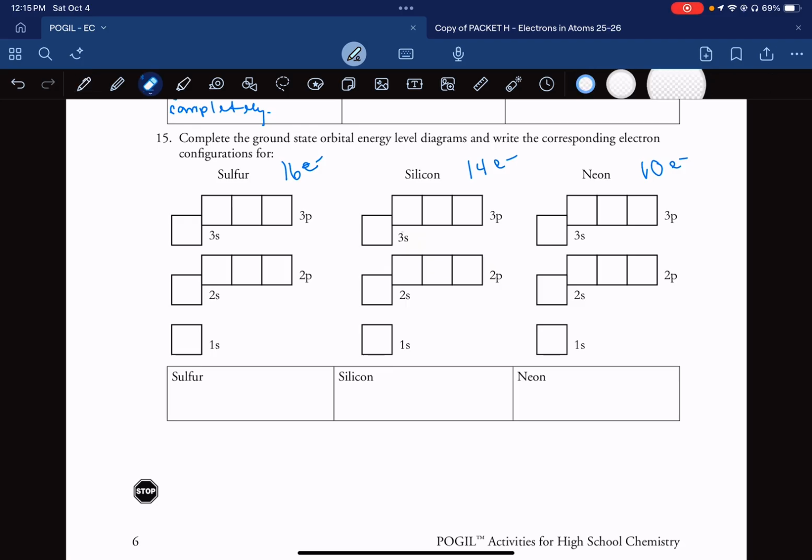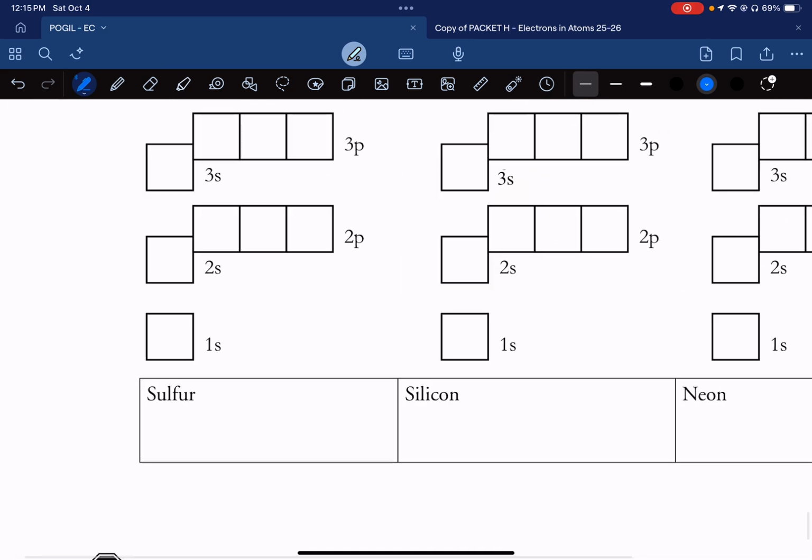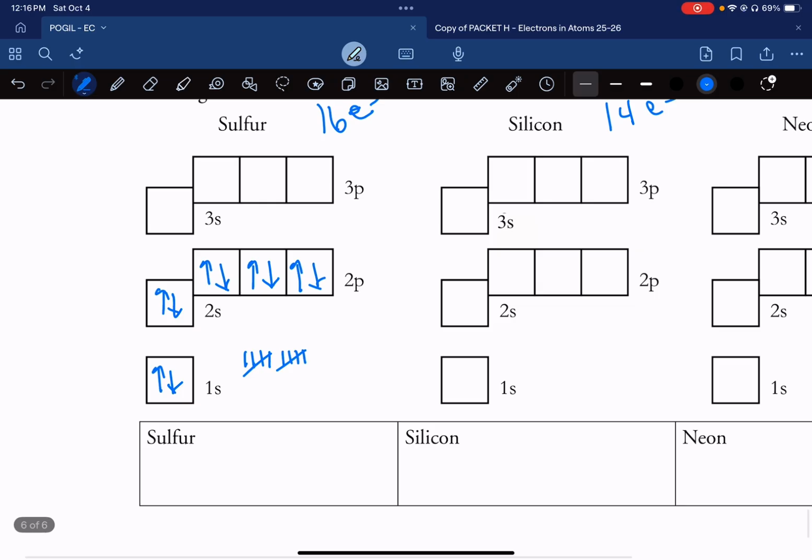Our orbital would be like our bunk bed. And our sublevel is like our sunny rooms and pink rooms.